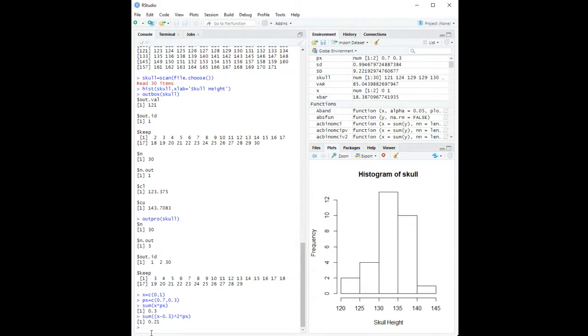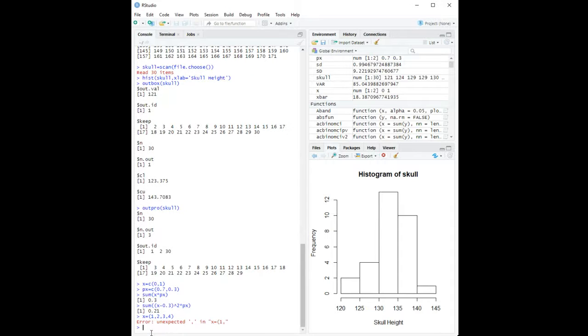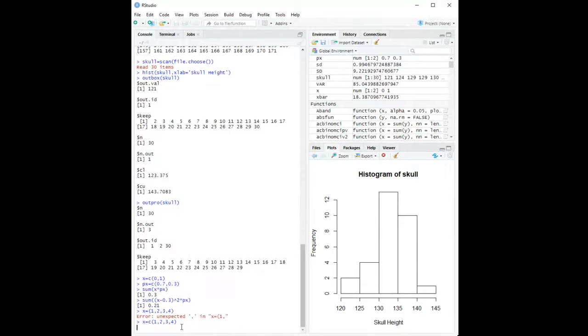Okay, so for this one, again, we're going to take that x equals, these represent the ratings. So they can rate between 1, 2, 3, or 4. So the ratings. Okay, oops, I forgot to combine. So here, just combine. Okay, so then we're going to take the probability.